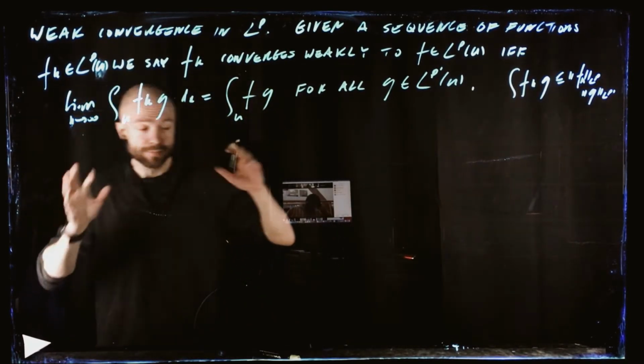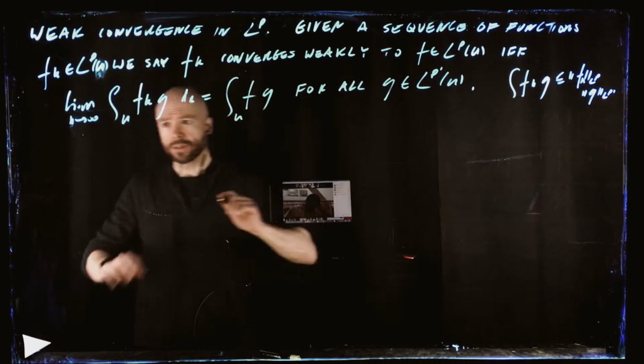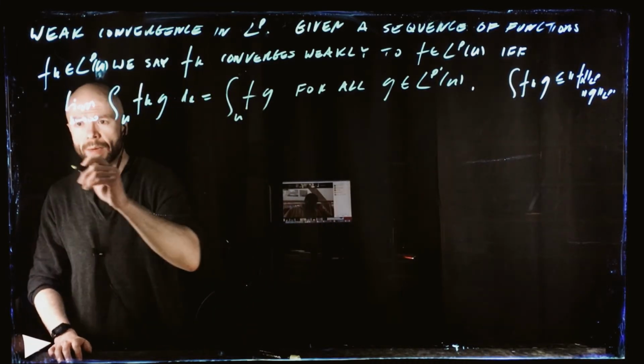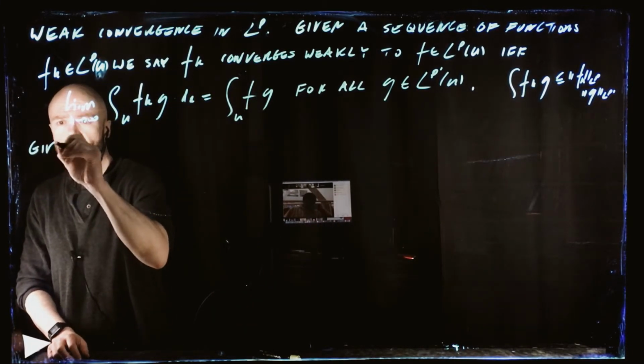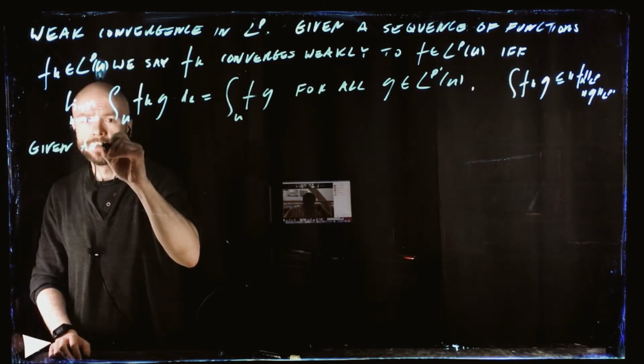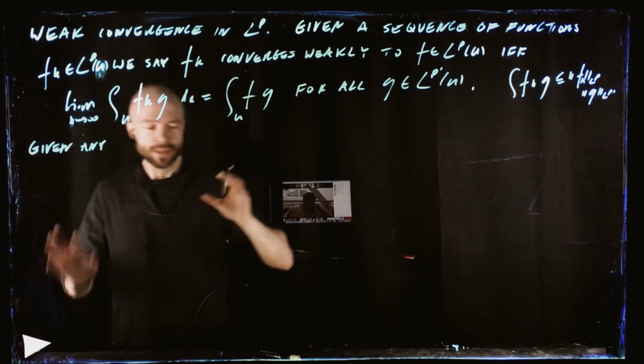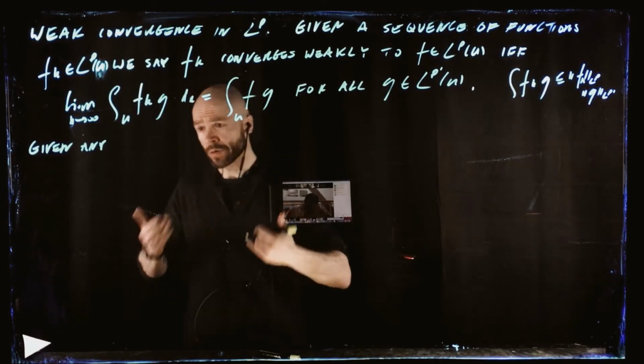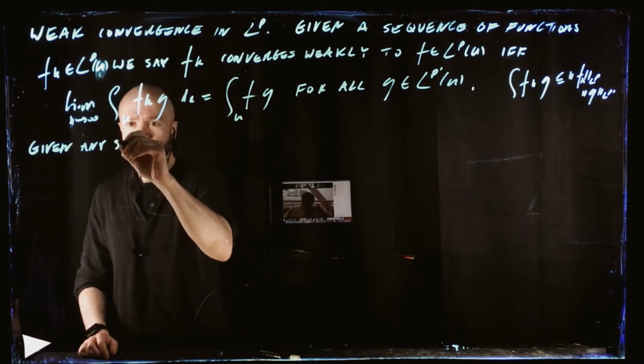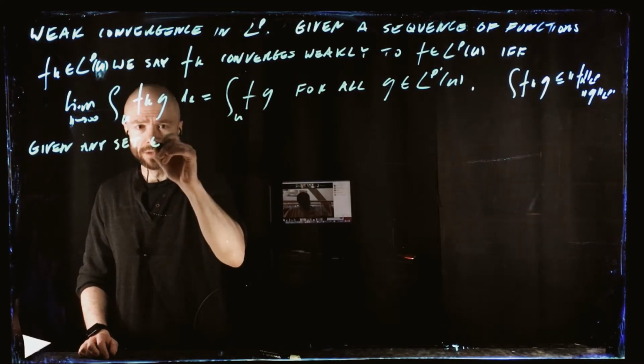And this is convergence in averages. So this implies, and is also implied by, the following: given any measurable set, for us sets are always measurable, so I'm only going to consider sets that are measurable.